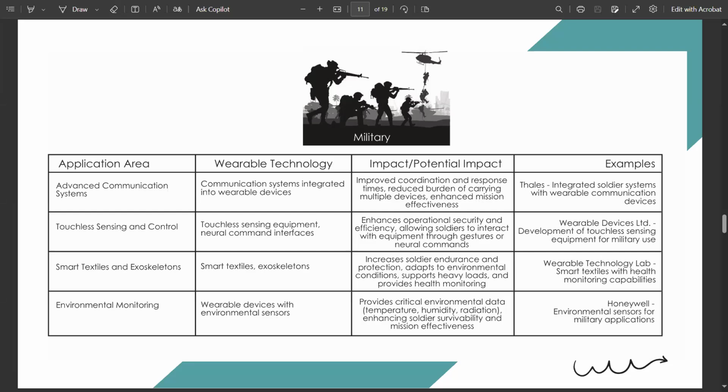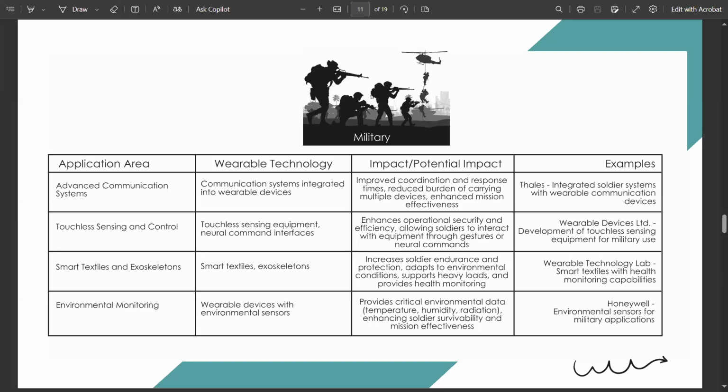These increase soldier endurance. What smart textiles do is adapt to the environmental conditions. So when it's too cold out there, they adapt themselves to keep the person warm. When it's too hot, they change their properties.